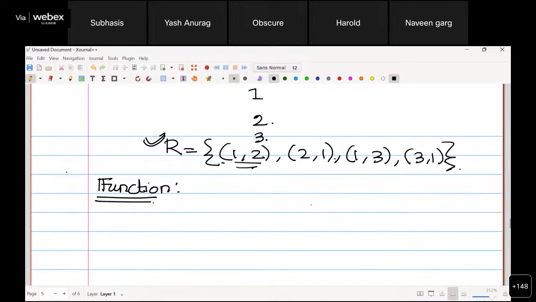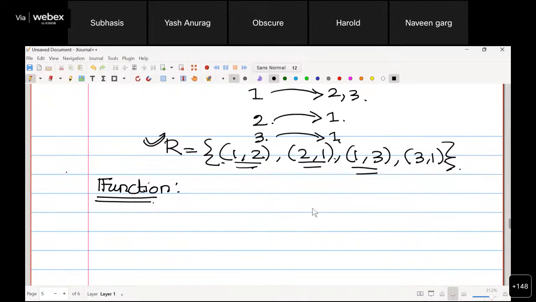You have (1, 2), so 1 is going to 2. You have (2, 1), so 2 is going to 1. And you have (1, 3), so 1 is going to 2 as well as 3, and 3 is going to 1.